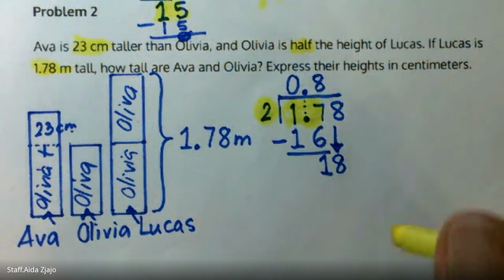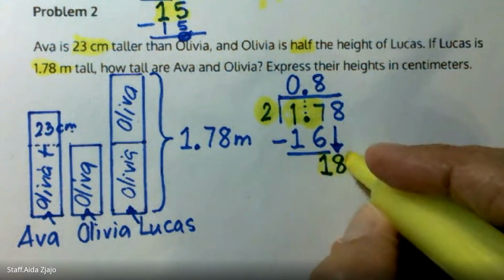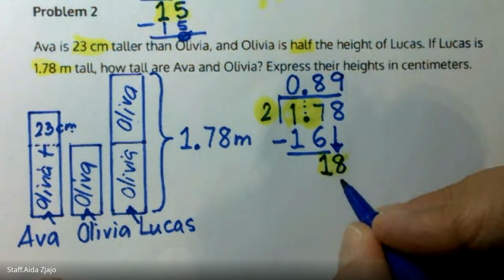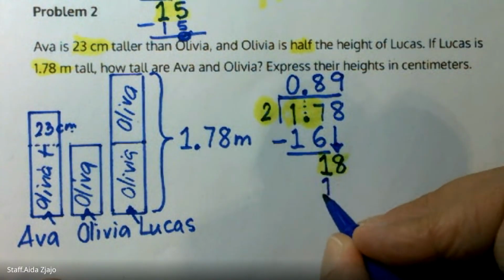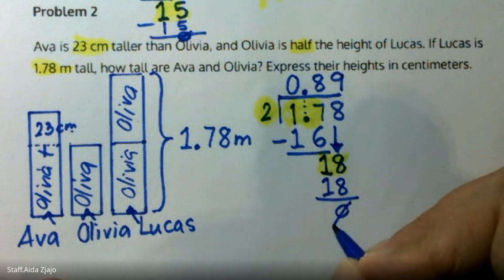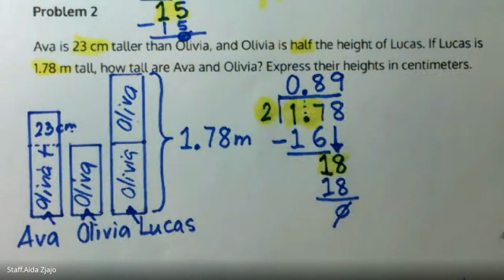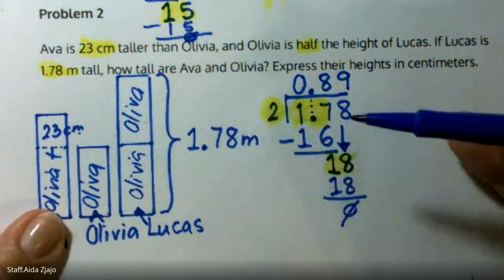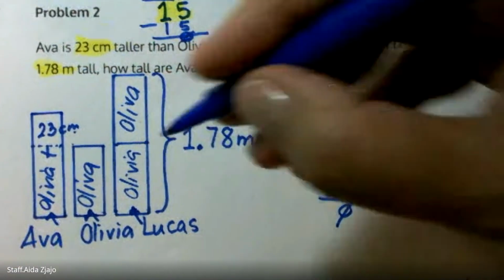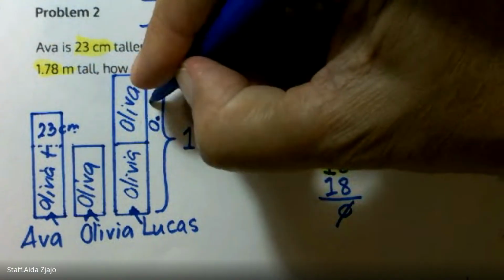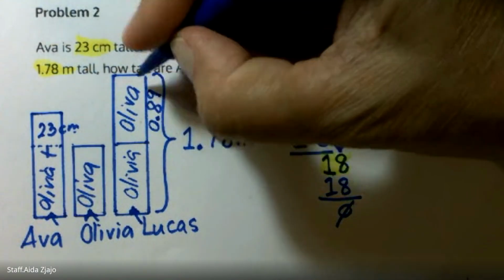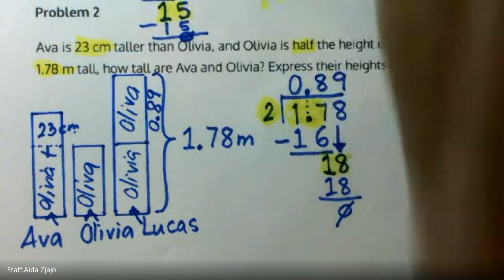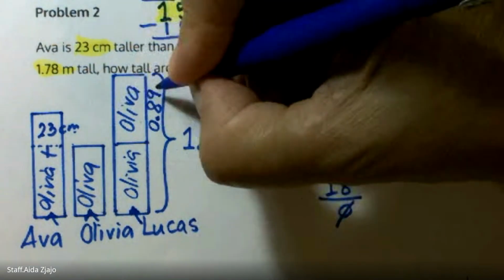Now we have 18 hundredths, and we know 2 times 9 is 18. When we subtract, we have no leftover. So we know now that Olivia is 89 centimeters, or 0.89 meters.